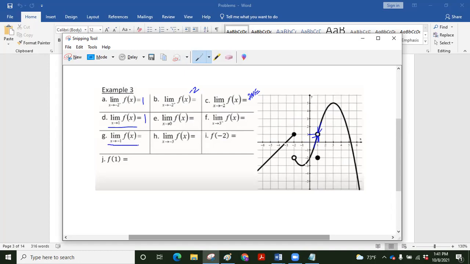So the limit as x approaches -1. This hasn't specified any superscripts for -1, so it's not asking to come from the left or from the right. So we must check both. We're looking at -1, and from the left, it approaches -3. From the right, it approaches -3, which means the limit as x approaches -1 is -3.